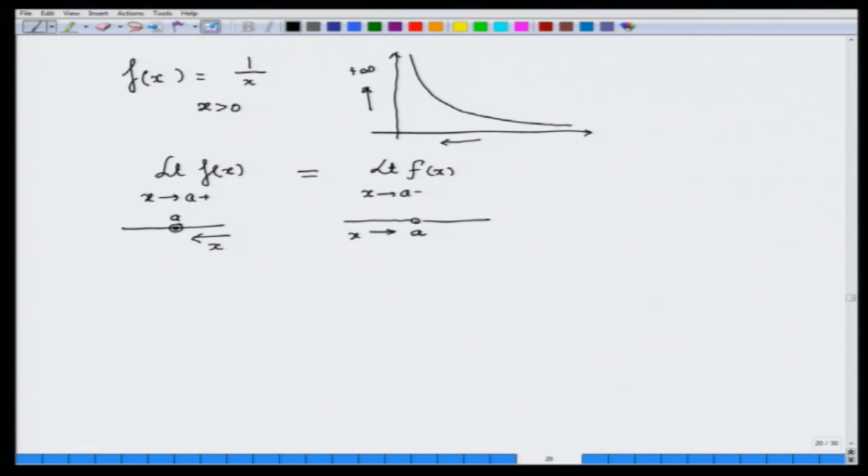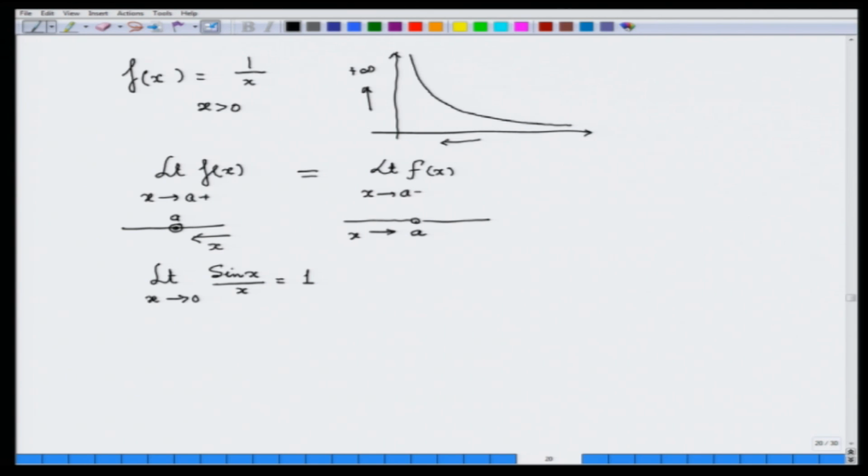For example, you will soon learn an important limit of this form: limit of sin x by x as x tends to 0 is 1. You will soon learn about this limit. This is a very important limit, but this function essentially has no definition at x equal to 0. There is no definition of f of 0 in this case.